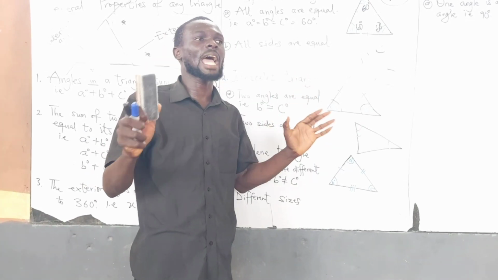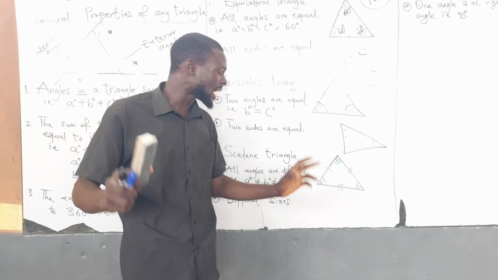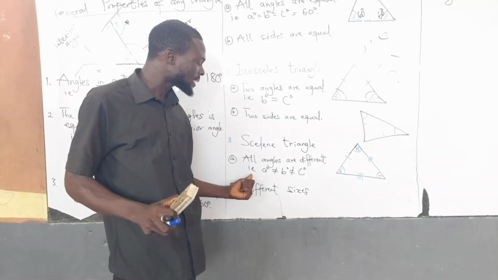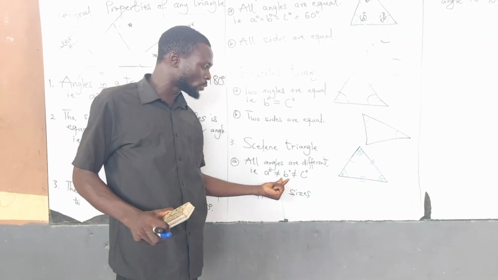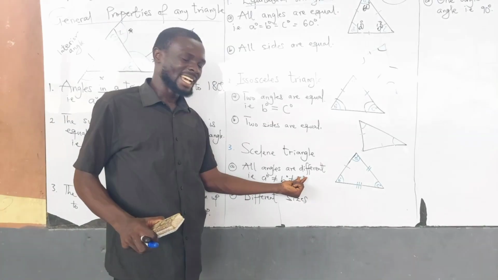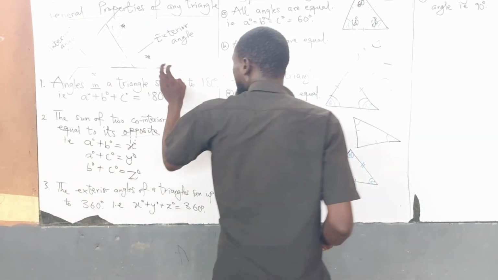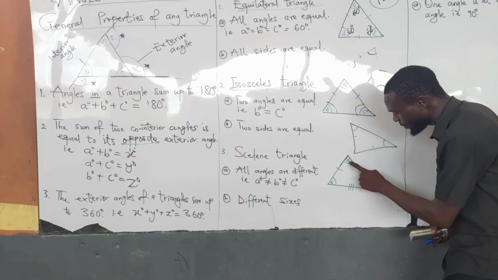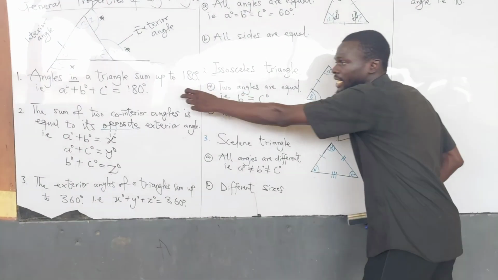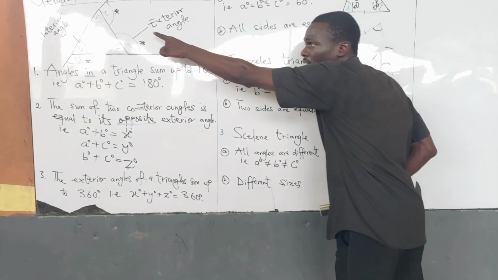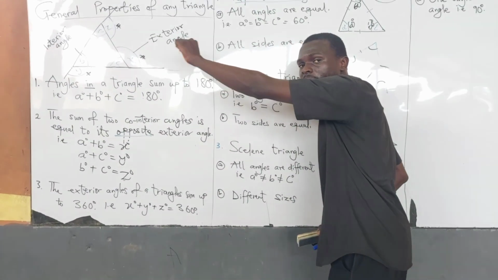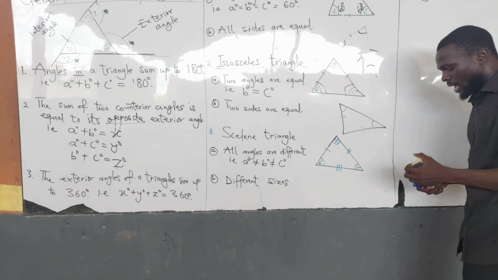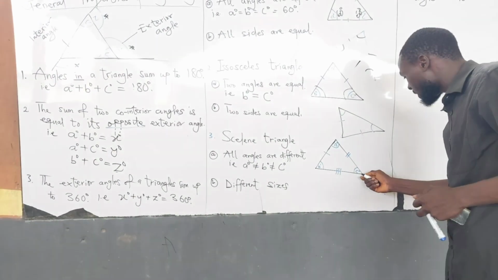So if the 3 sides are not equal, automatically the angles are also not what? Equal. So that is A degrees is not equal to B degrees, nor equal to what? C degrees. But based on the general properties of any triangle, the angles here, if you sum them together, you are getting 180. And based on the interior and exterior angles, if you sum this and this together, it gives you the opposite exterior angle.